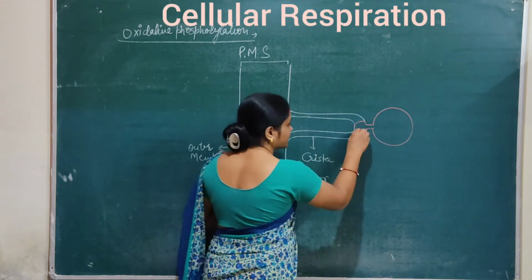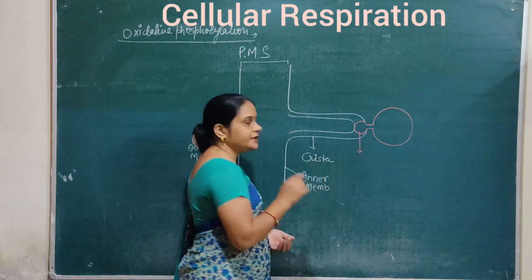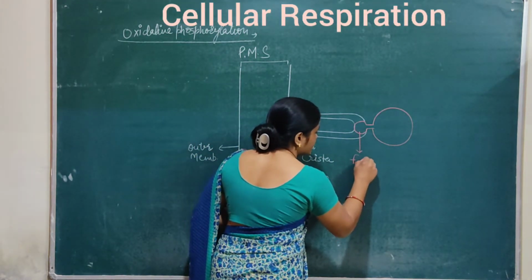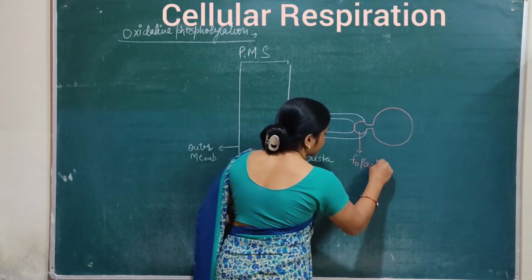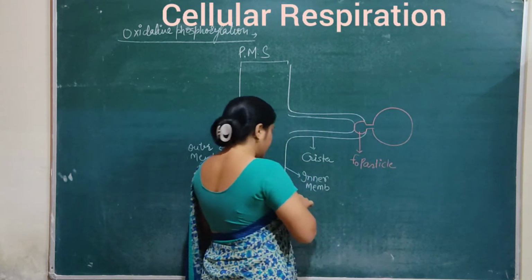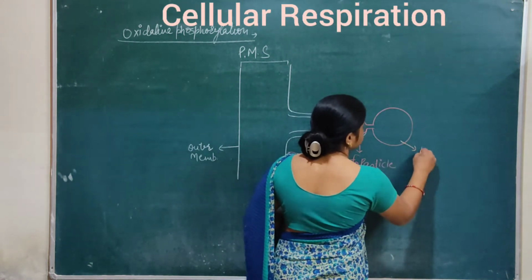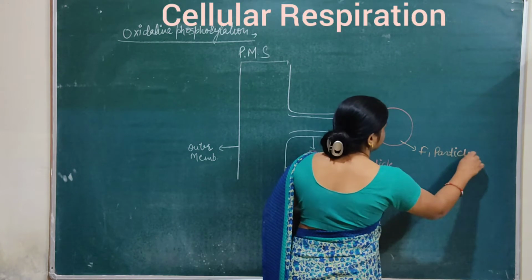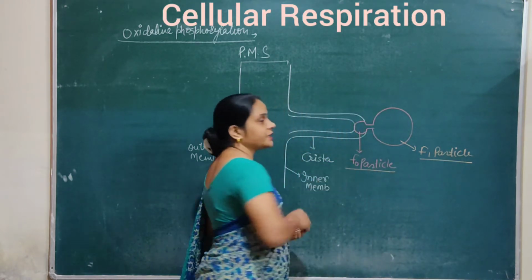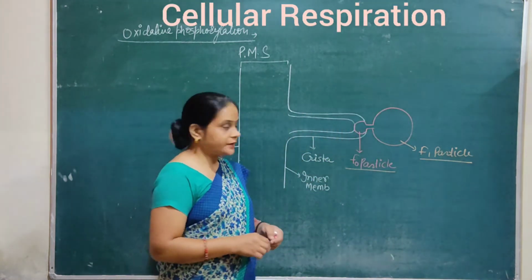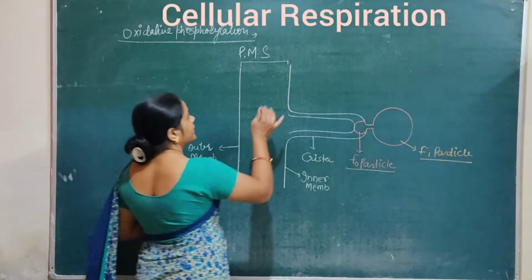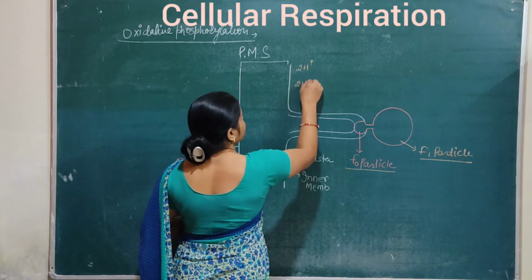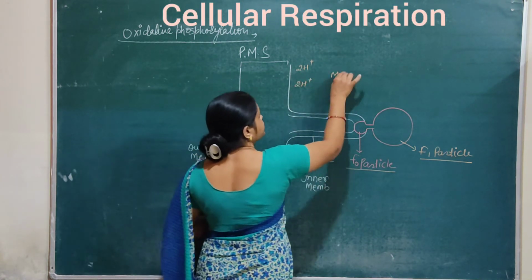In this coupling factor, the part which is embedded in the membrane is known as F naught particle, and this is known as F1 particle. This is the coupling particle, F naught, F1 particle. Now what will happen here? As we have studied, from the matrix part, because it is the matrix region, because the crista is present here.